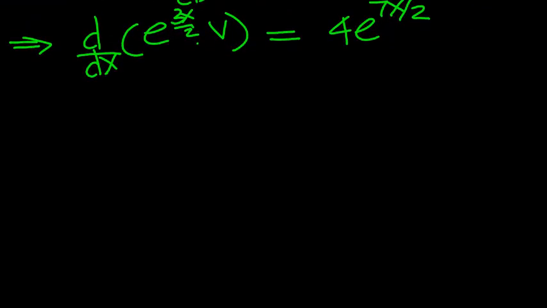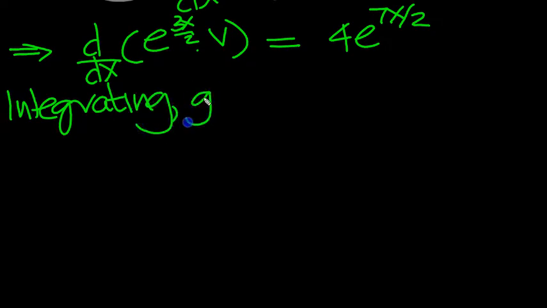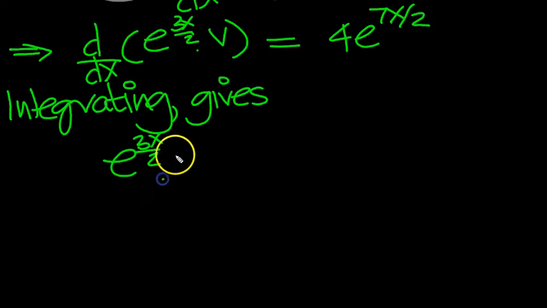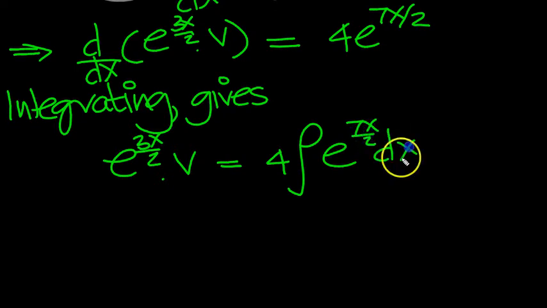Now let's turn our attention to this problem. So integrating both sides gives, the integral of the derivative is just e to the 3x over 2 times v equals 4 lots of the integral of e to the 7x over 2 dx.